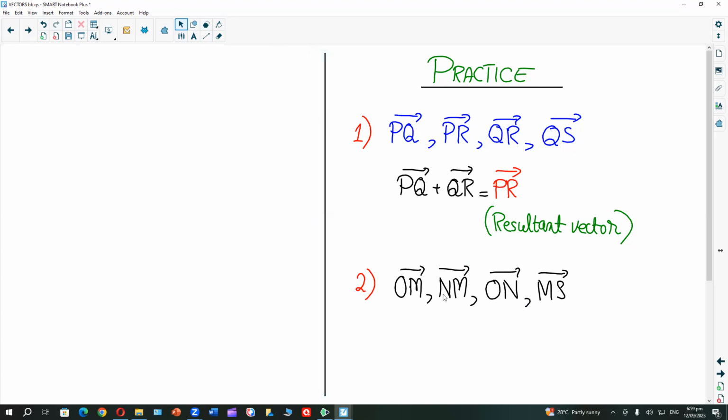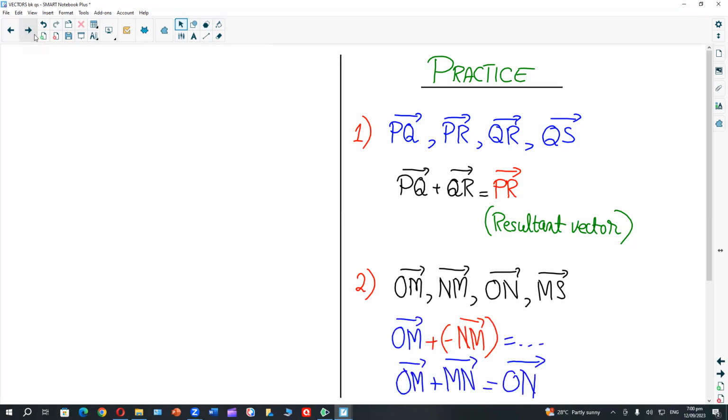Now try to join some of them. Number 2. Look at the example: OM plus MN is equal to ON.